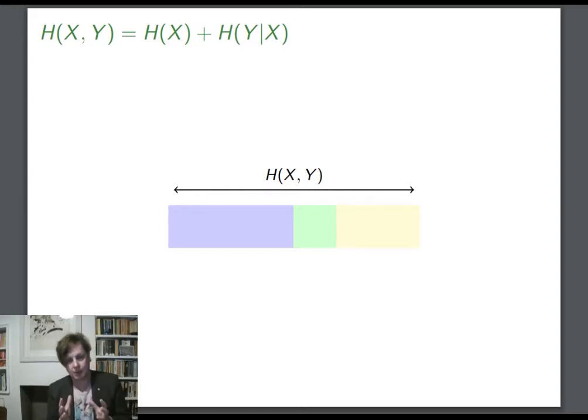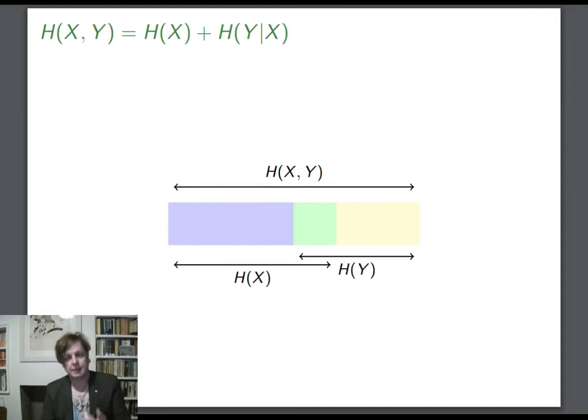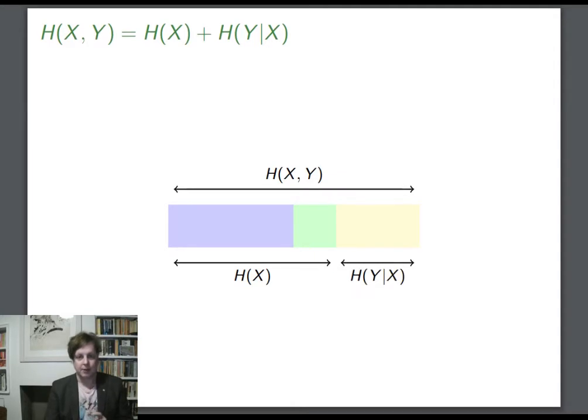So H(X,Y) is less than H(X) plus H(Y), because, assuming X and Y aren't independent, the information in X overlaps with the information in Y. And indeed, that's exactly what the chain rule is telling us: the information left in Y, when you know X, is smaller than H(Y) by this overlap amount, as it were.